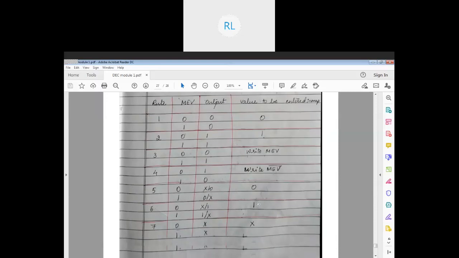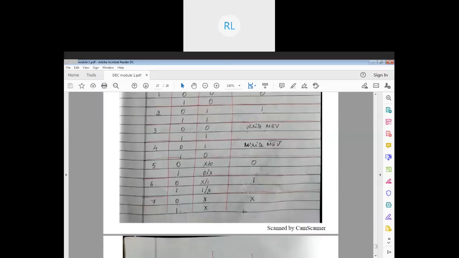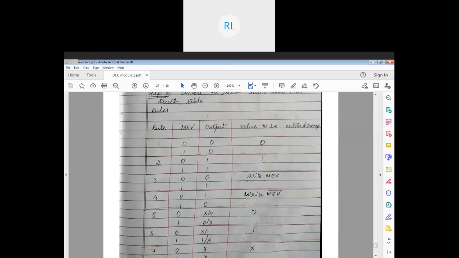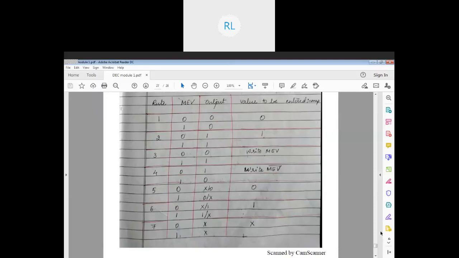When it is 0 or don't care, then I put it as 0. When it is 1 or don't care, I put it as 1. When it is don't care, the final value to be entered is also a don't care. So mainly you are concentrating on the output, and you're also looking after the MEV bit which is present.